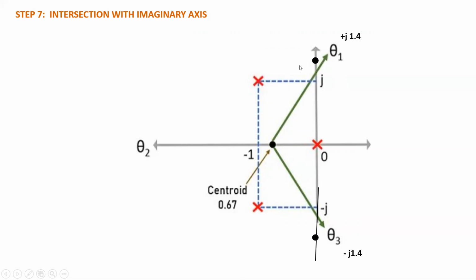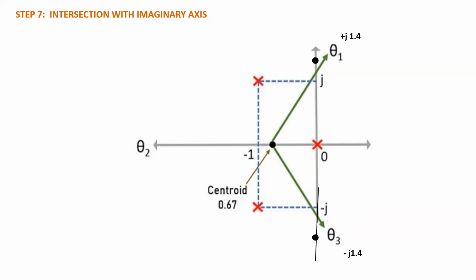So it should touch in such a way. How it is going, let us derive based on the angle criterion or angle of departure, whether it goes in this direction or that direction. We are not sure about that.